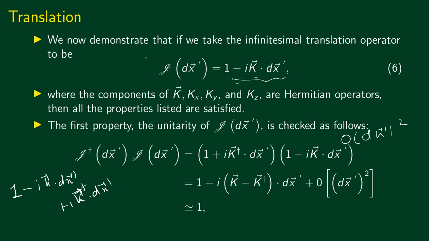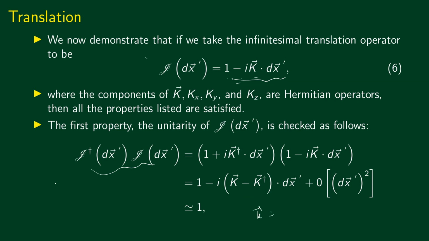This means that this can be written as 1 minus, this minus can be taken outside, minus i times k vector minus k vector dagger dot dx vector prime. Now if this has to be unitary, if you are talking about a unitary transformation, a unitary operator, this is unitary if k minus k dagger is 0, or in other words, if k vector is equal to k vector dagger.